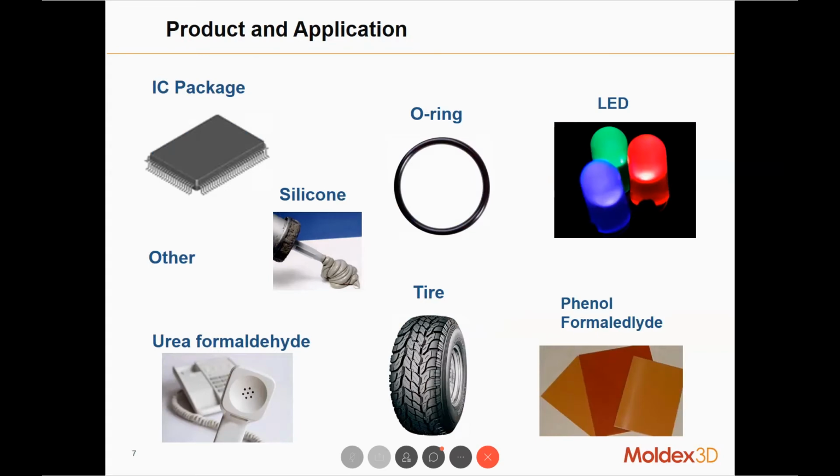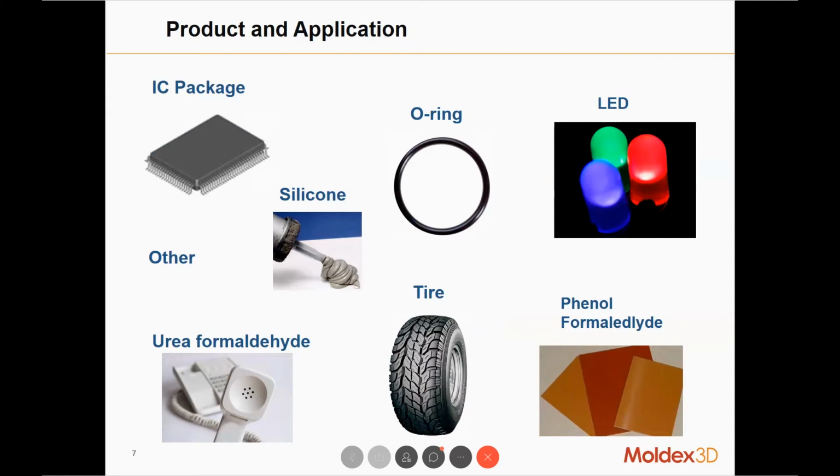Okay, but the advantage of thermoset material is that compared to thermoplastic, generally speaking, it has a smaller part shrinkage. So it's actually easier to control the part dimension.